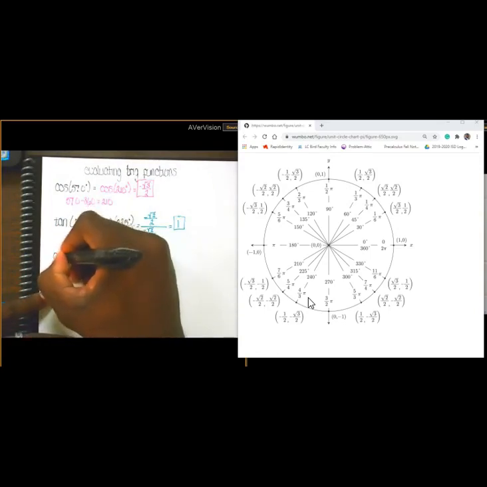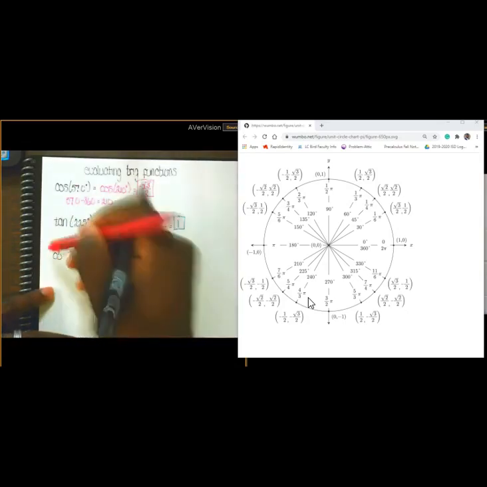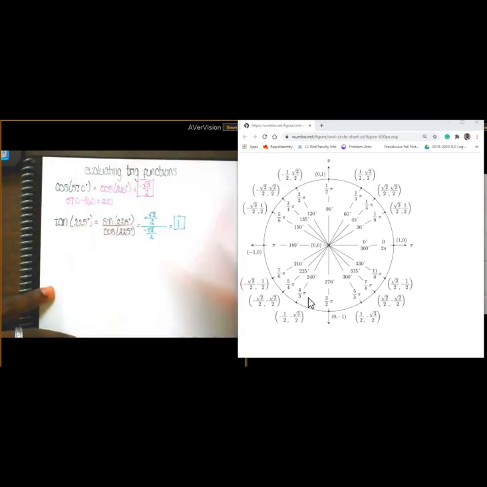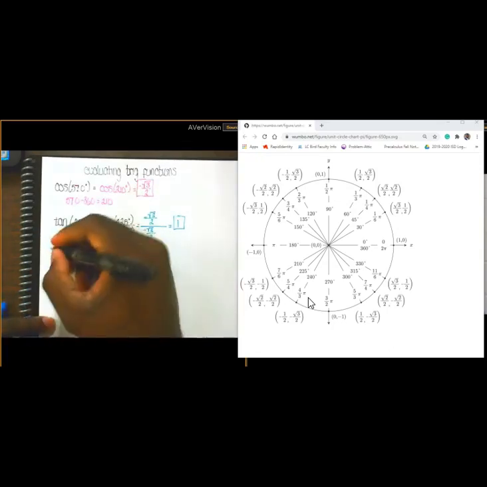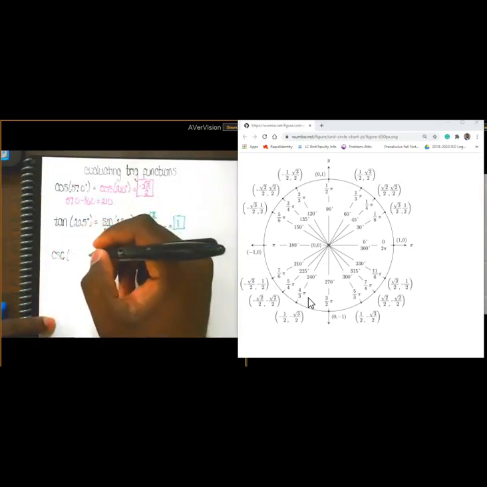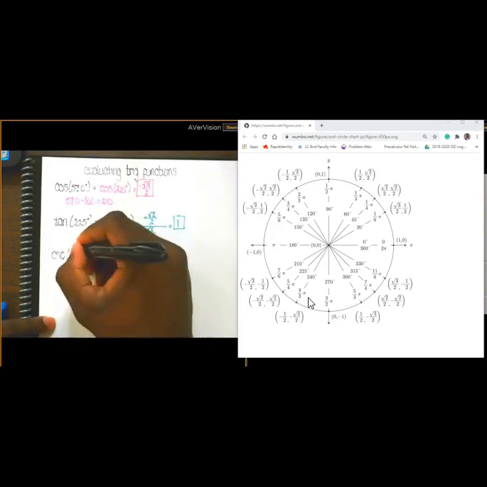All right, let's try one of the other ones. What if I ask you to find cosecant of 5 pi over 3?